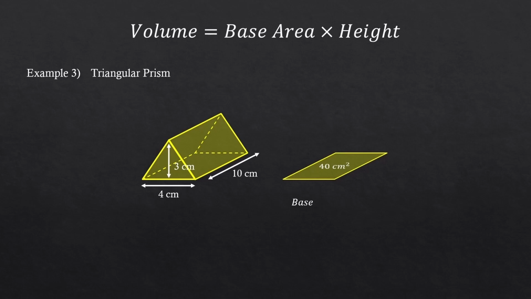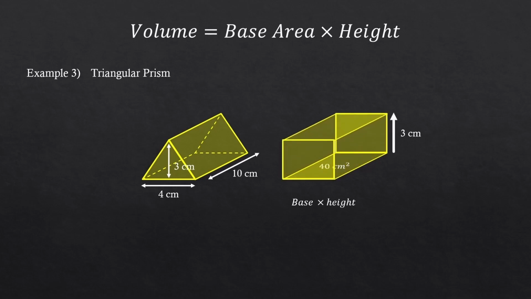The rectangle is 4 times 10, so it should be 40 centimeter squared, right? But should this be our base? Let's think about this. The height is 3 centimeter. So if we stretch our base up by 3, we are actually getting this volume. This is 40 times 3, so 120 centimeter cubed.